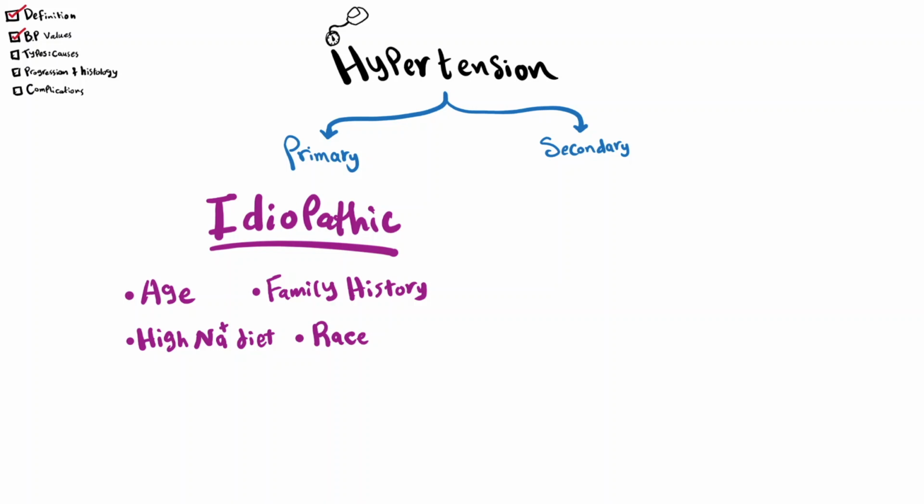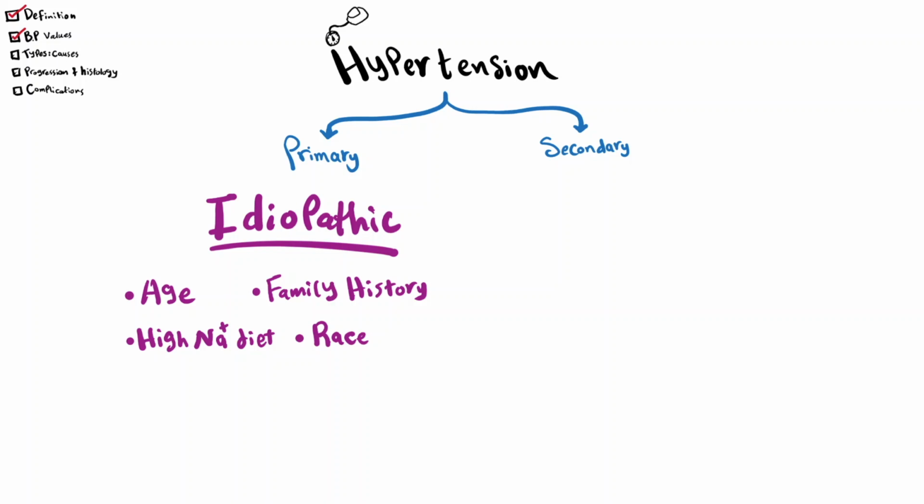For secondary hypertension, as you would guess, we have a reason or a cause. The causes are many: endocrine, some hormones; it can also be renal pathologies; it can even be psychological problems.